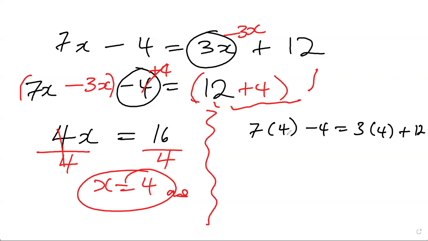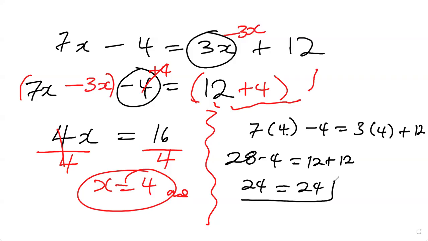Alright. 7 fours, 28 minus 4. 3 fours, 12 plus 12. 28 minus 4 gives us 24. 12 plus 12, 24. If I get 23 and 24, it's wrong. Both of them must equal. Alright? So by definition, the left hand side must equal the right hand side.